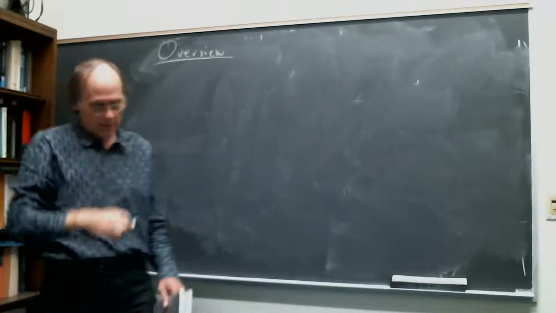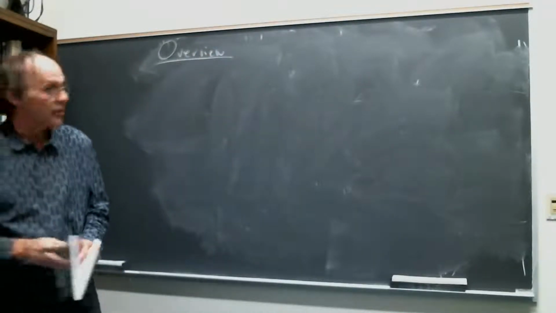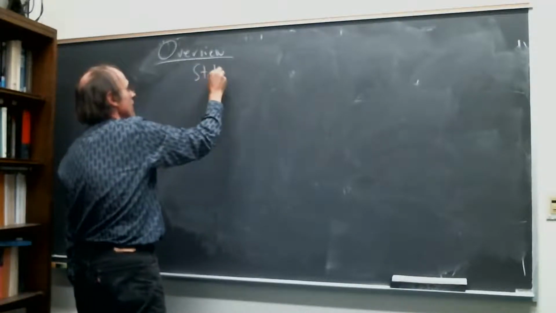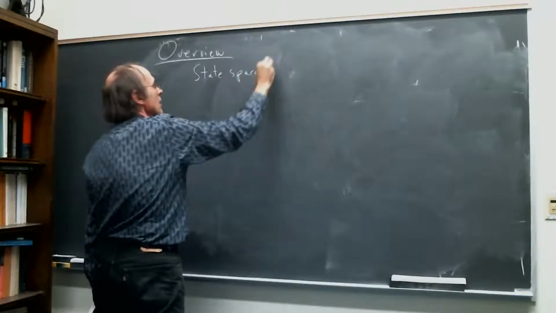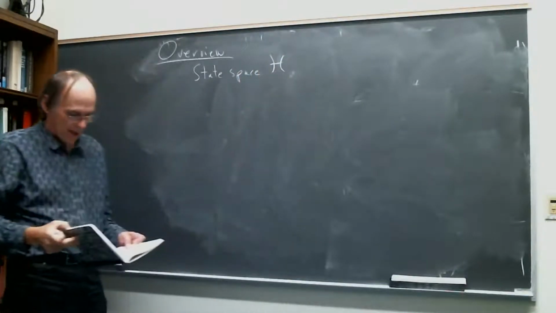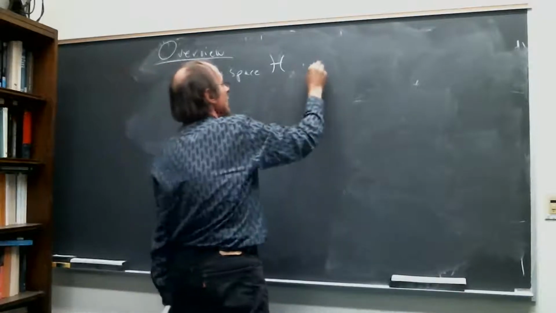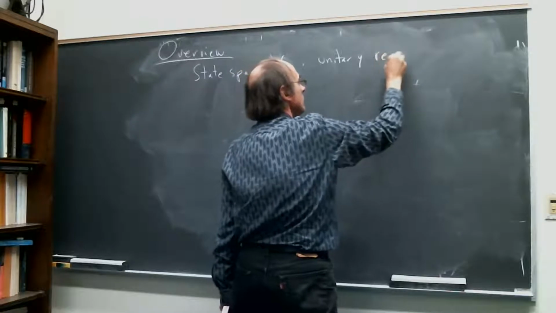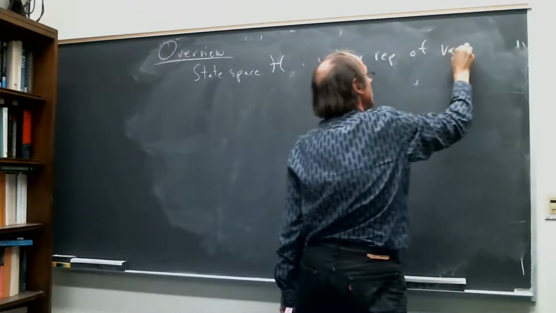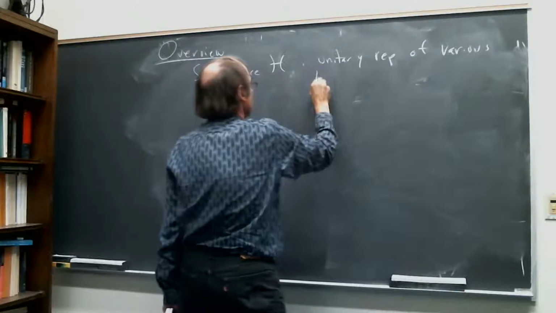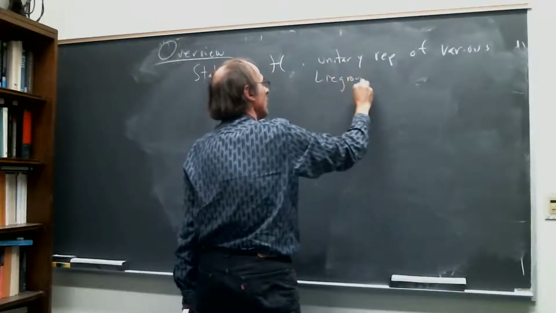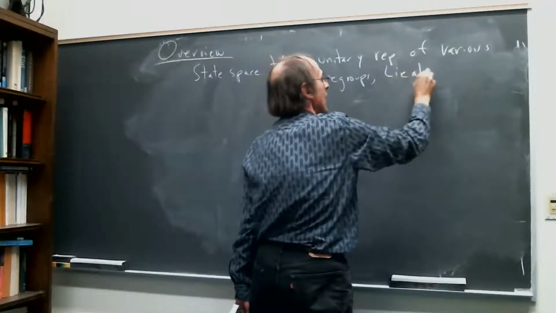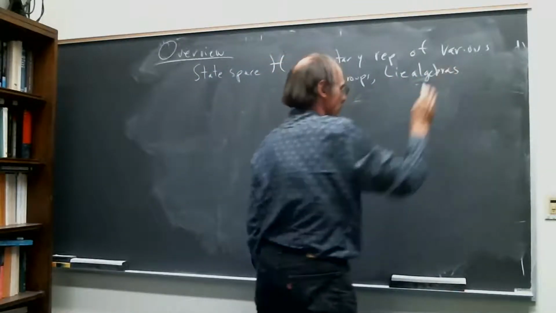From some fundamental mathematical point of view, quantum mechanics is really about the state space of a quantum mechanical system being a unitary representation of various Lie groups, and more importantly, of their Lie algebras, the infinitesimal representations.